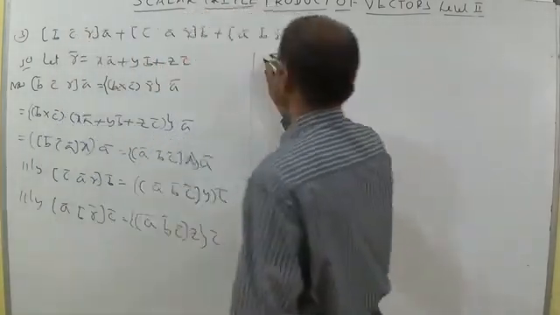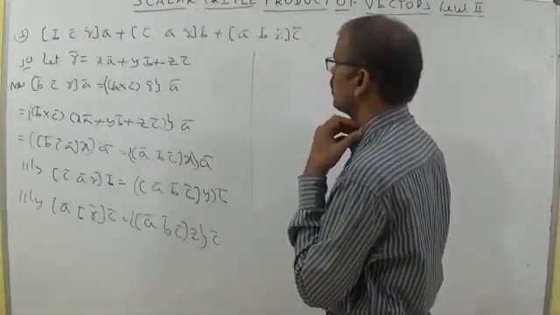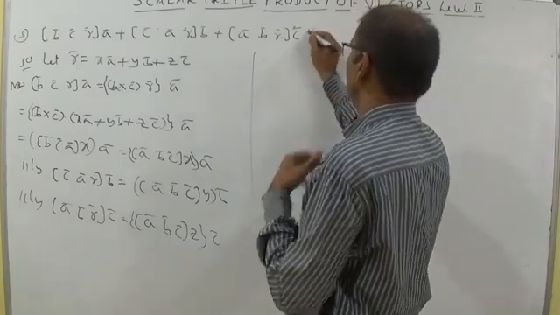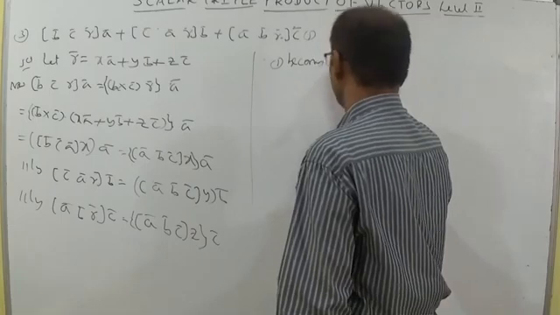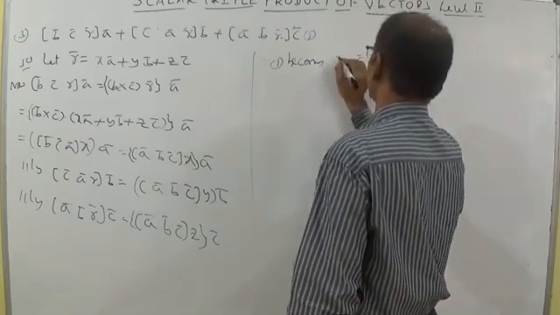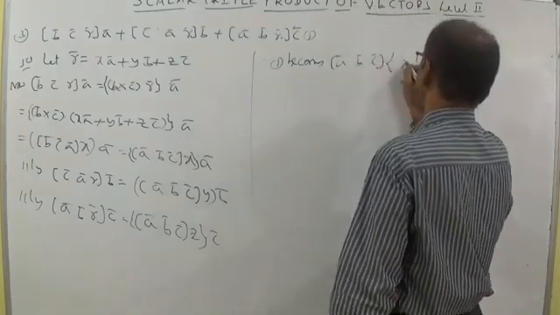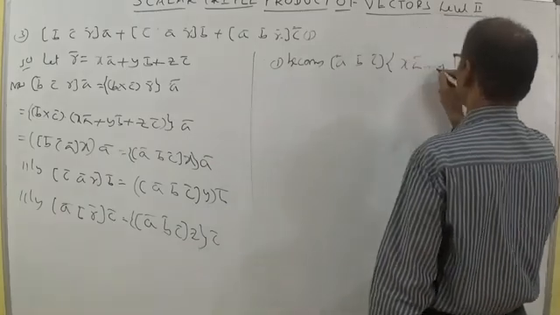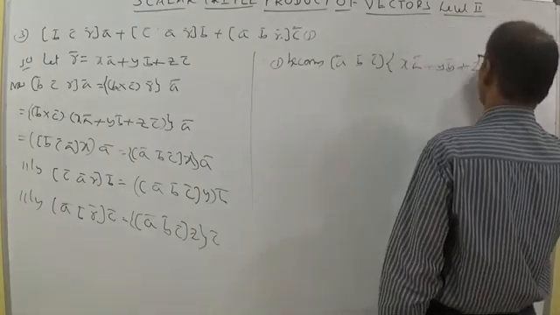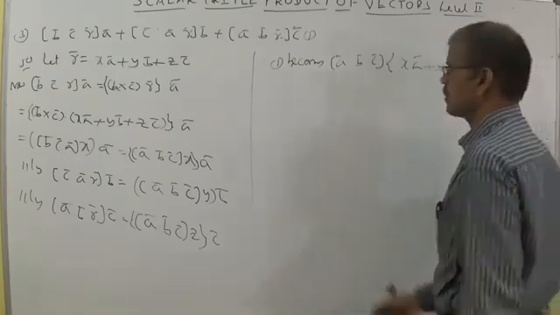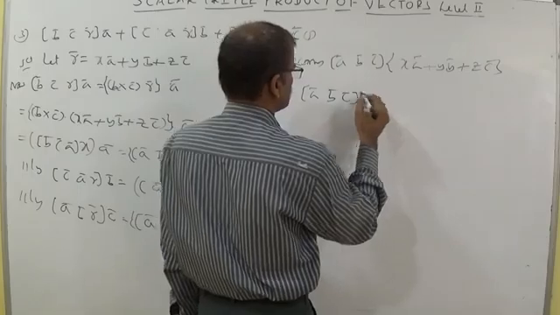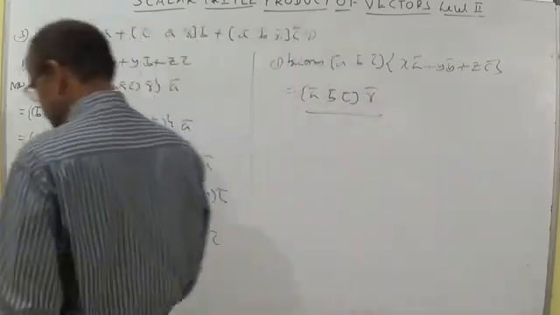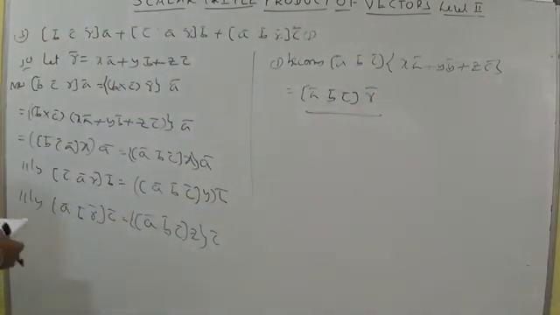Therefore, the LHS, we can take box ABC common in everything, put a set bracket and write x A bar plus y B bar plus z C bar. So we got box ABC into R bar. Here it is the third option.